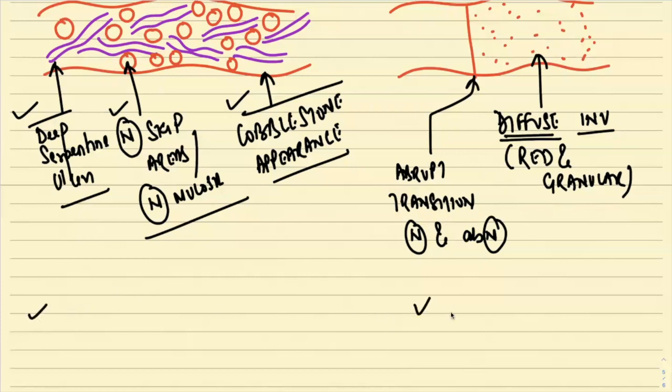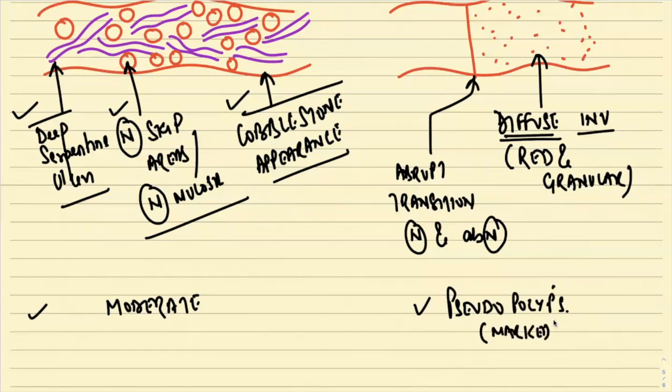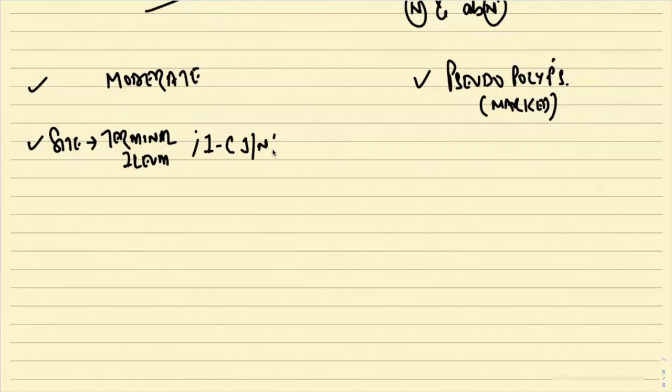So coming back to the differences. Pseudopolyps are classically seen in ulcerative colitis, whereas in Crohn's disease they are moderately seen, not that marked. If I have to specify the site, Crohn's disease, as I told you before, is more common in the terminal ileum, the ileocecal junction, and the cecum.